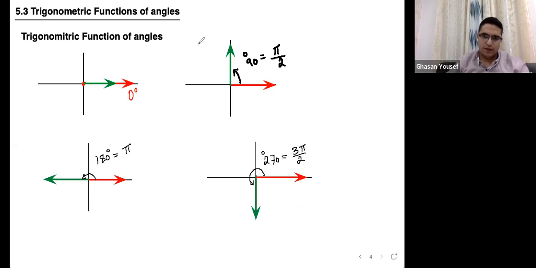And the last one is the same as 0 degrees, or it can be 360 degrees.